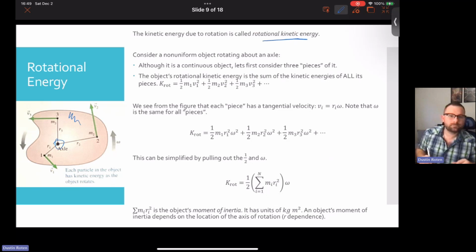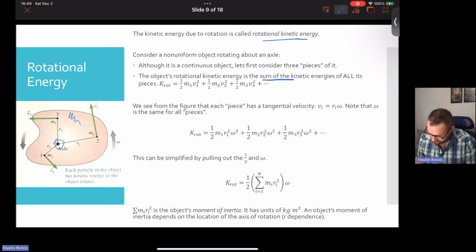Well, we can think about this object as made up of a bunch of individual pieces, just like we did for center of mass. Although it's a continuous object, let's first think about 3 pieces, like in this image. If we think about these 3 pieces, we know that the rotational kinetic energy is just the sum of all the kinetic energies making up this thing.